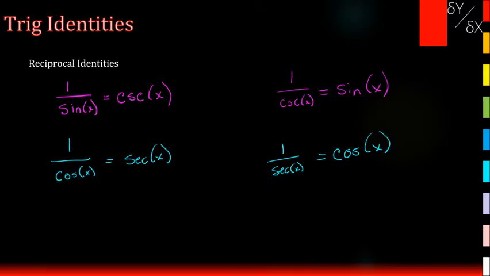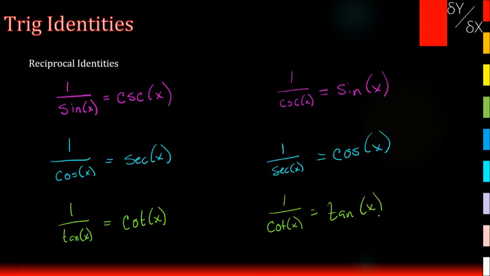And our last example is going to have to do with our last main function, 1 over tangent of x equals cotangent of x. And flipping that over, 1 over cotangent of x equals tangent of x. So these are our reciprocal identities.